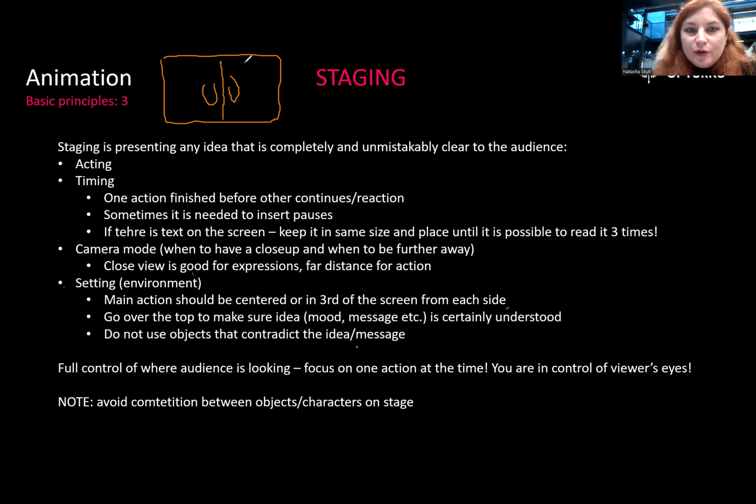So basically, if we think that this would be in three parts here, we want it to be slightly away from the actual center. And the reason why we do it is the same as with the horizontal lines.